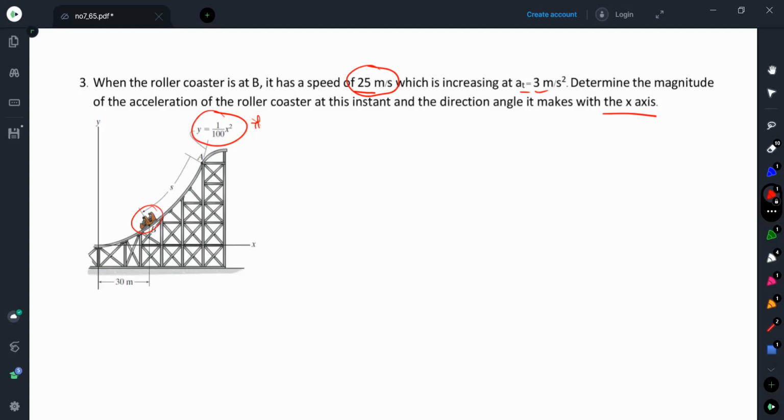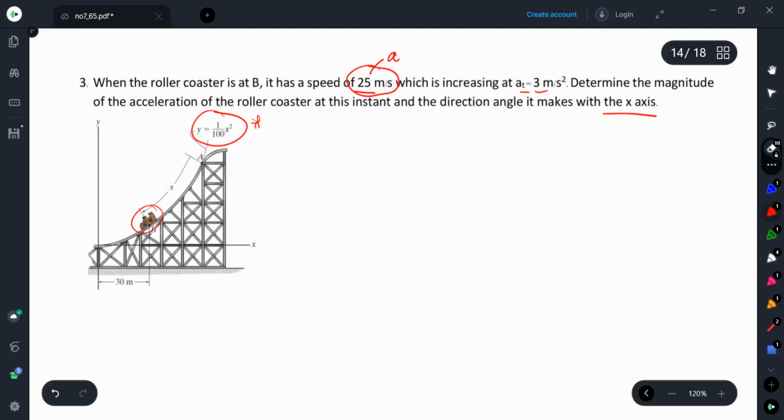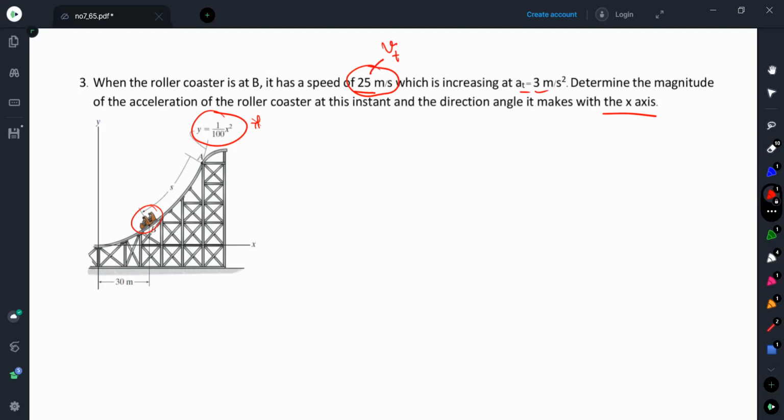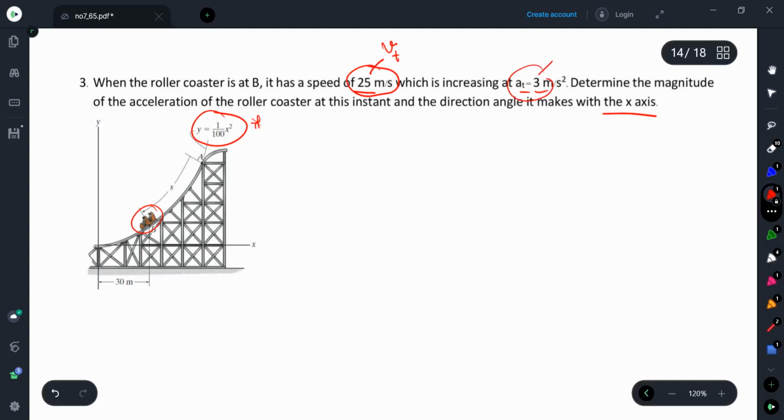For this case, 25 meters per second is always the velocity in the tangential direction, Vt. And when we increase the speed of the car, we increase the tangential acceleration, this is At.